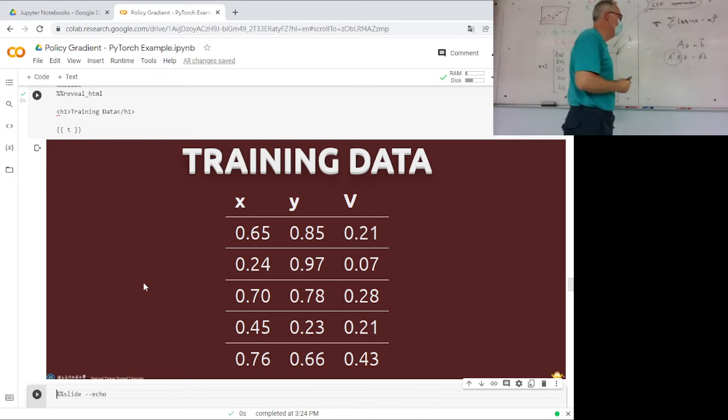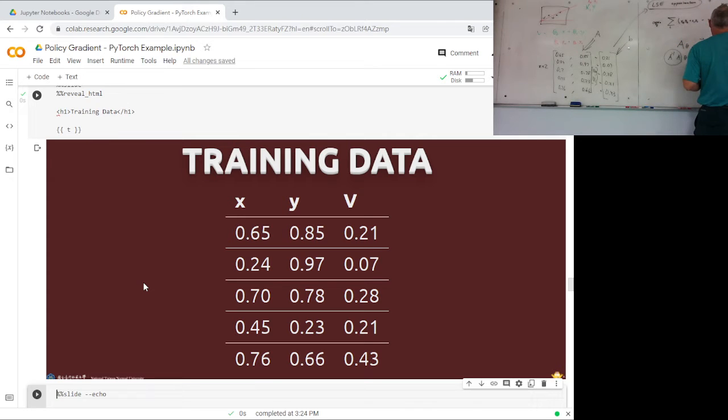So we use what's called the Moore-Penrose pseudo-inverse method. This is actually a pretty cool trick.